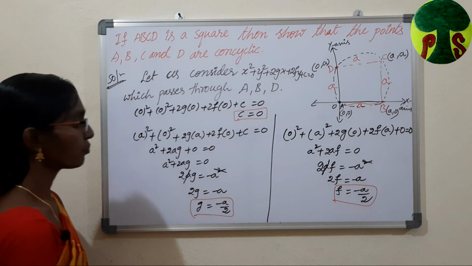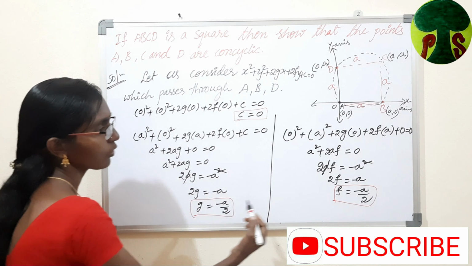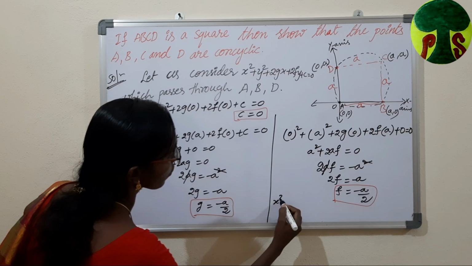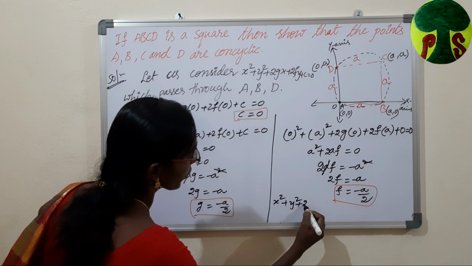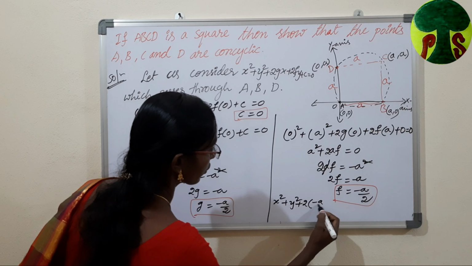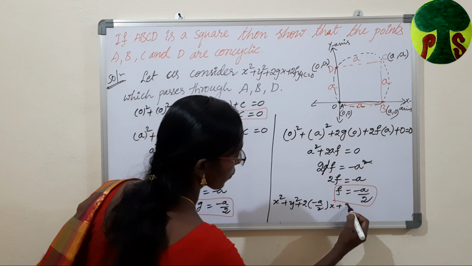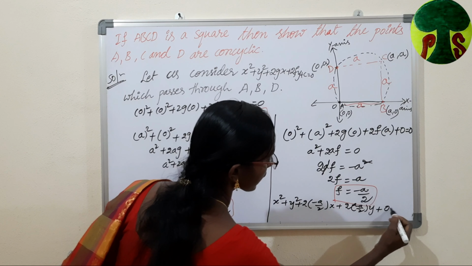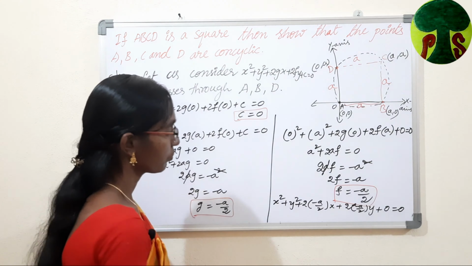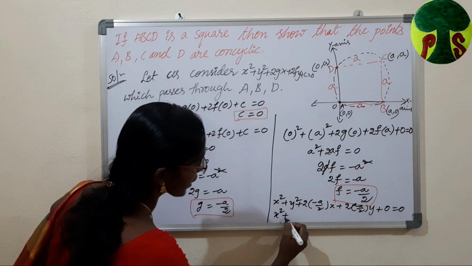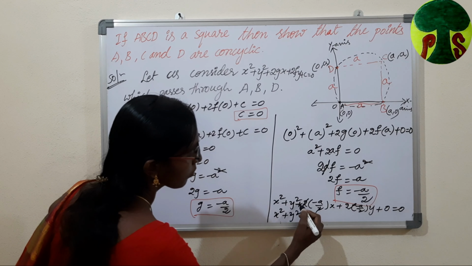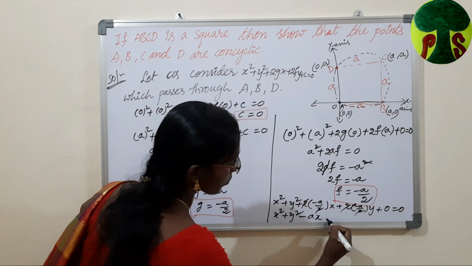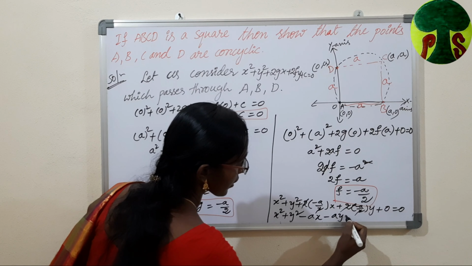Now we have to substitute the c value, g value and f value in the equation of the circle. So x square plus y square plus 2 into g, which is minus a by 2, into x, plus 2 into f, which is minus a by 2, into y, plus c, which is 0, equals 0. The 2s get cancelled, so x square plus y square minus ax minus ay equals 0.